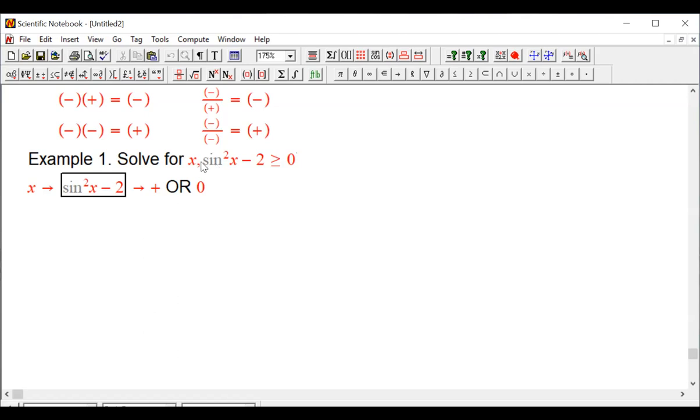Algebraically, we can work it out. You can do the graph as well; we're going to do the graph a little later. We can add 2 on both sides, and then we take the square root on both sides.